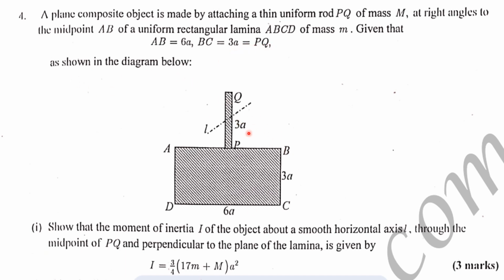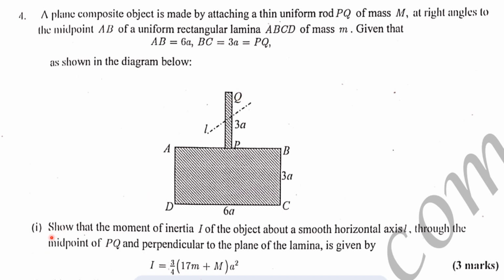So here is the diagram where we have a rectangular lamina, and a rod attached at right angles to it, such that the length of the lamina is 6a, the width is 3a, and the distance from P to Q is also 3a.